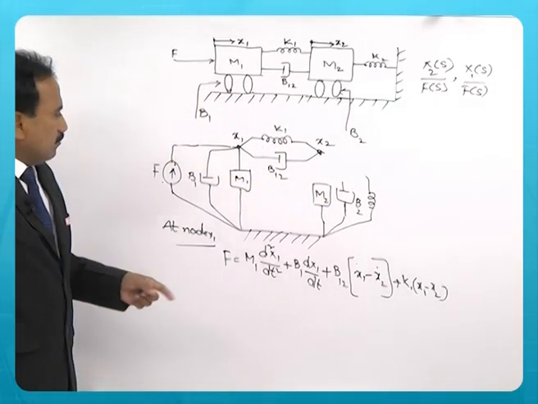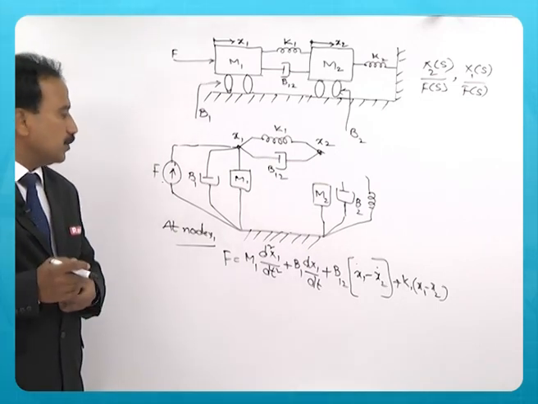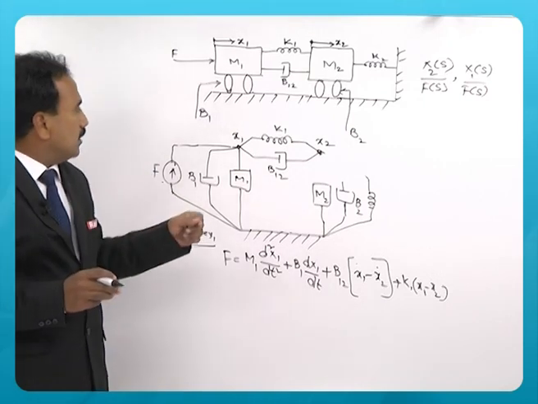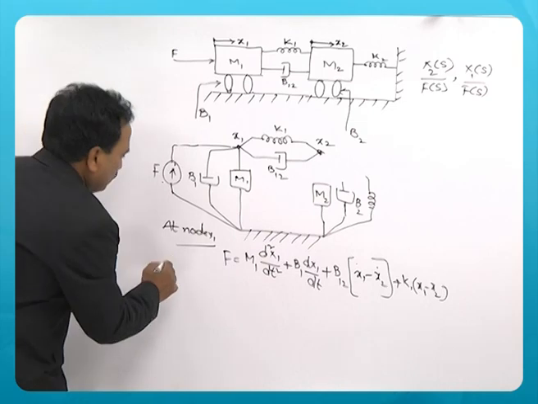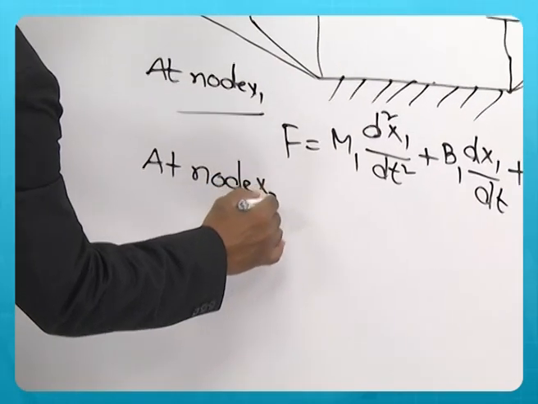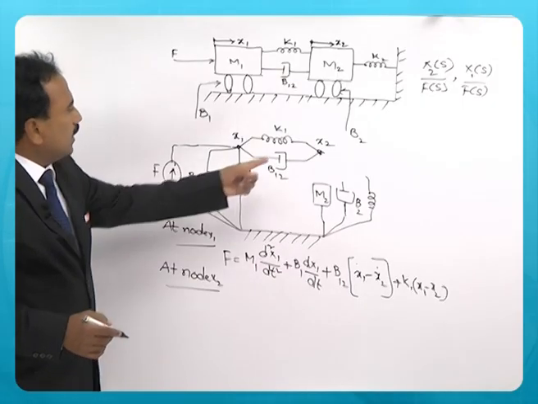Once this equation is written, the next step is to apply Laplace transform. Now, coming to the second node, at node x2, you need to write the equation.